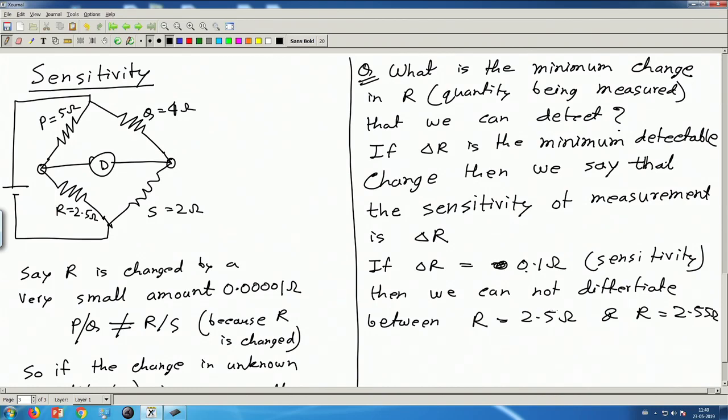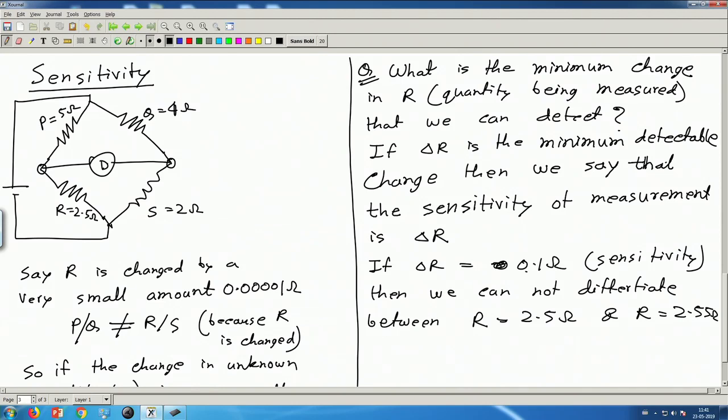Because with R equal to 2.5 ohm, no current flows through the detector, and with R equal to 2.55 ohm, such a small amount of current flows which we cannot detect. The pointer doesn't move at all; we cannot observe the pointer movement at all. So, this is the meaning of the sensitivity.